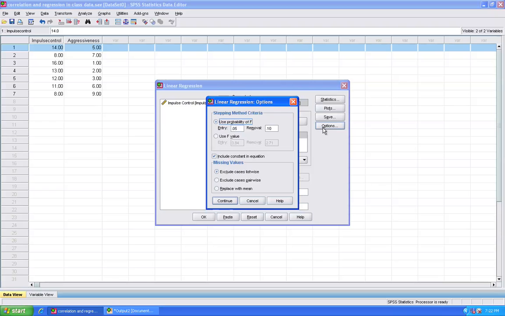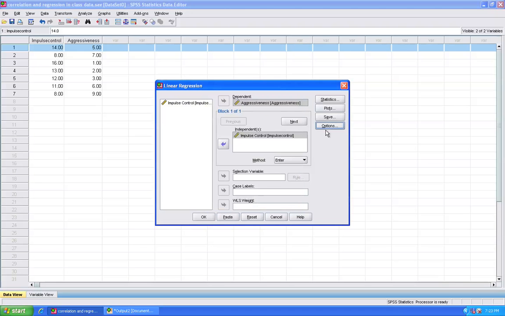Under the Options tab, we see options for a stepping method when more than one X variable is used. In our class, we will only be using simple linear regression, which is one X data, so we do not have to deal with the information in the Options tab.